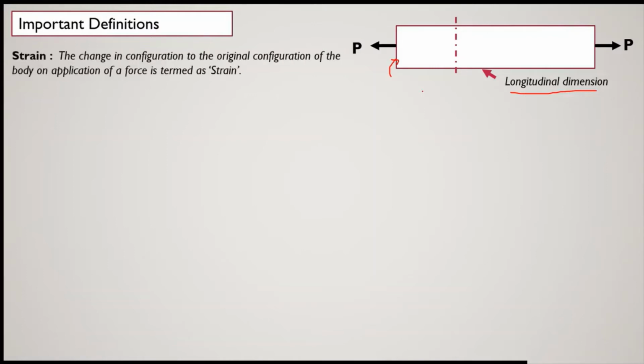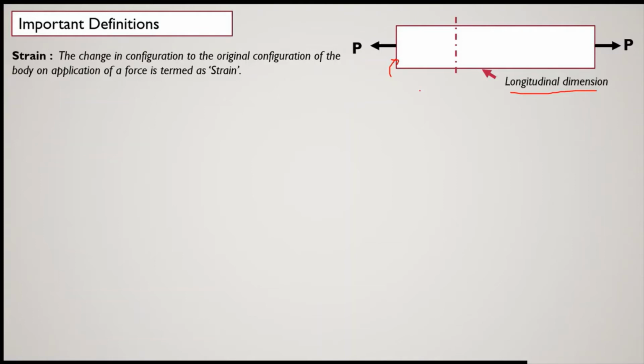Now in the previous lecture we discussed that when we apply some force on a body, on a material, due to that force some stresses will be developed, and as you apply the force, the material, due to its own properties, will try to resist the external force.